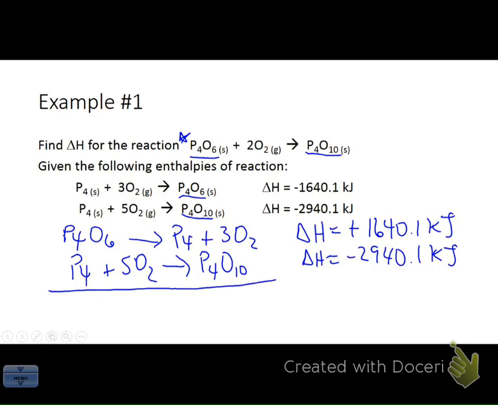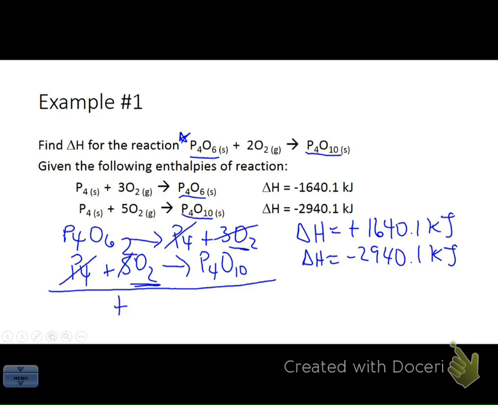And then let's add them up and make sure that everything cancels out properly. I have a P4 as a reactant and a P4 as a product, so those will cancel out. I have oxygen on both the reactant side and the product side. They're not the same number, but the 3 oxygens here will cancel out with the 5 here and leave me with 2.